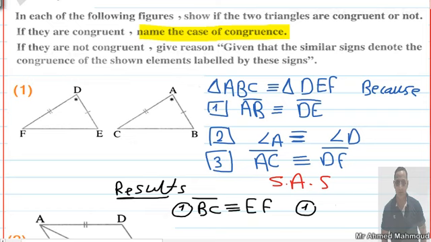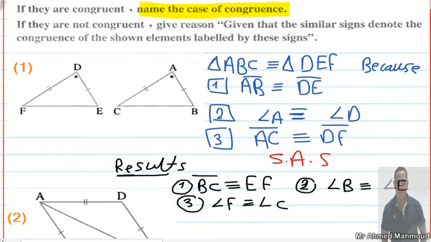Result number two, angle B congruent to angle E. Finally, number three, angle F congruent to angle C. This is number two. Okay, this was the results and the reasons.